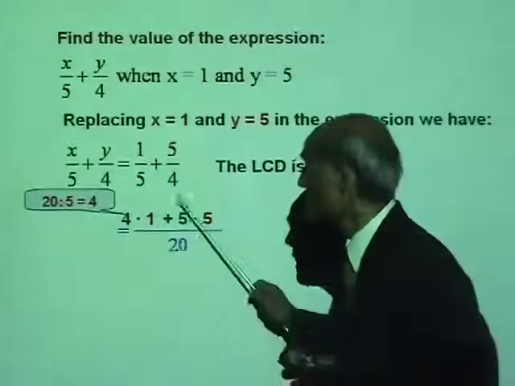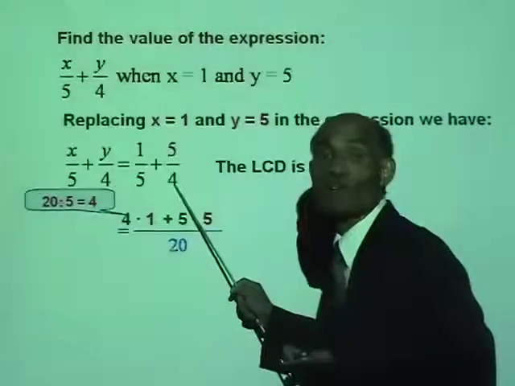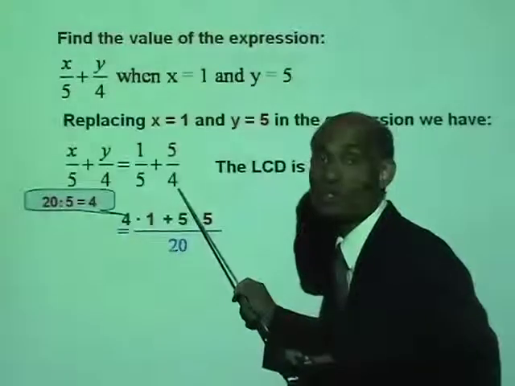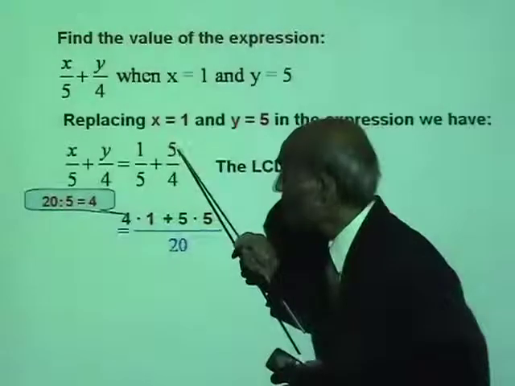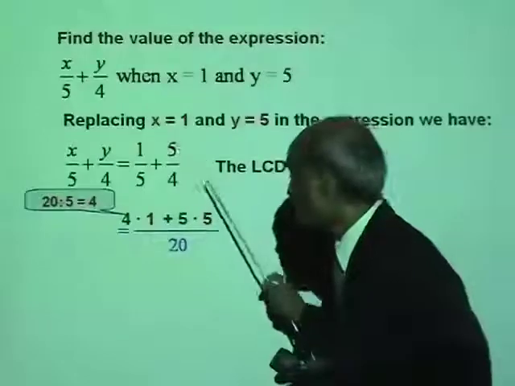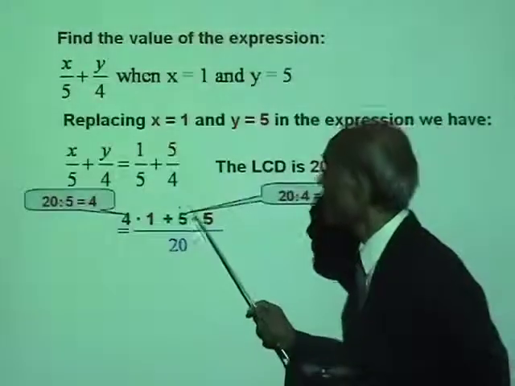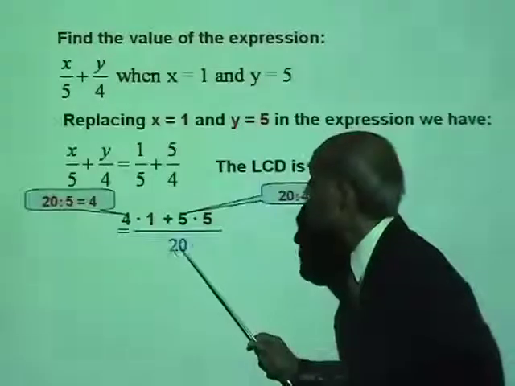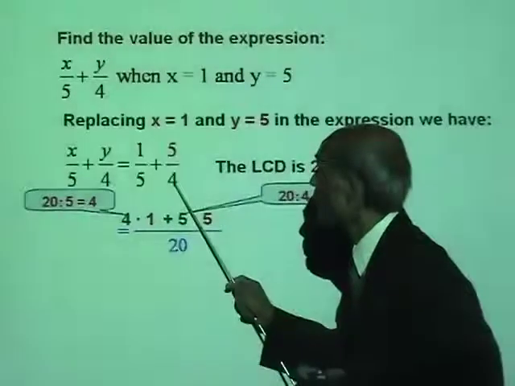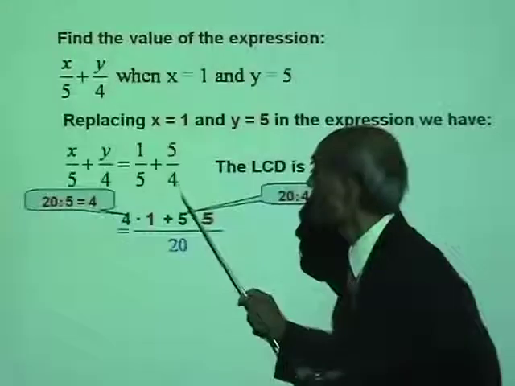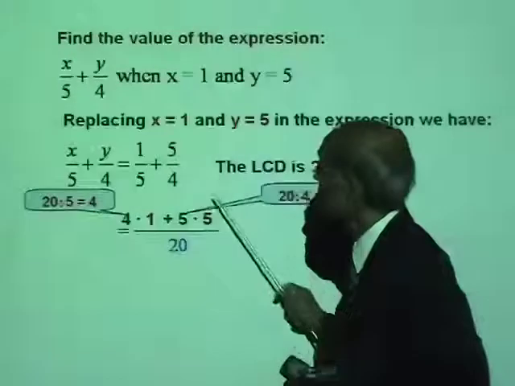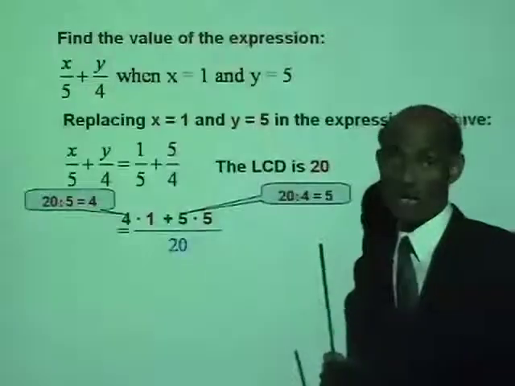What is 20 divided by 4? That is 5. What do you do with that 5? Multiply its numerator. So that will be 5 times 5. Okay.